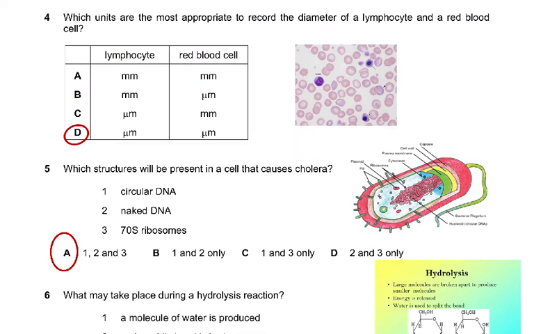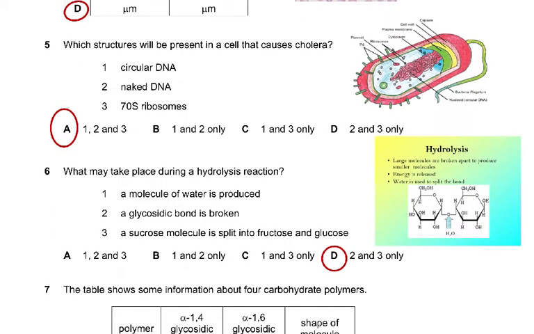Question 4, which units are the most appropriate to record the diameter of a lymphocyte and red blood cell? Lymphocyte, red blood cells, and of course, it's not in millimeters, it's in micrometers. You must know the sizes of the different cells, and you need to look that up, make your notes, and revise that. Then coming to question 5. Question 5 was which structures will be present in a cell that causes cholera?